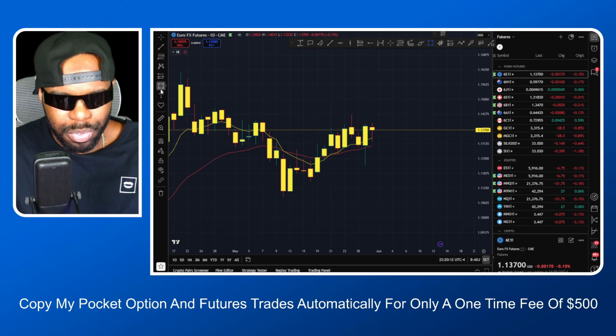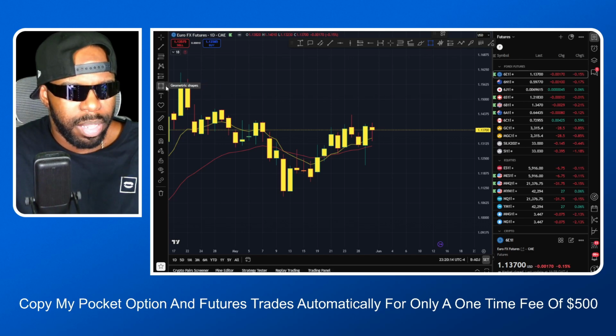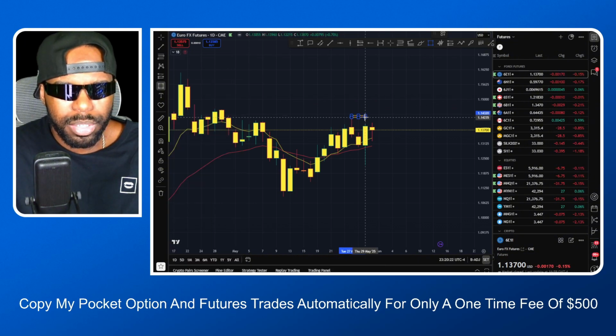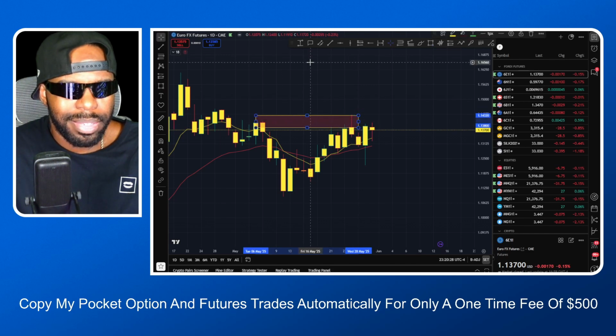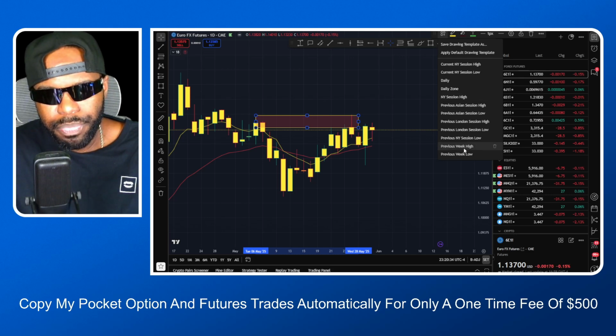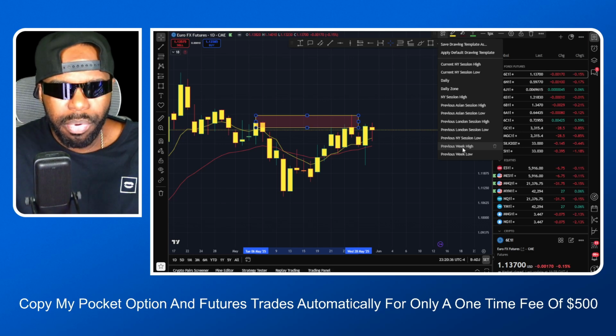If you're using TradingView, you can find it five levels down, and I use the shaped rectangle tool here. Then I start from the wick to the body and bring it across. That is my previous weekly high when the market opened back up.